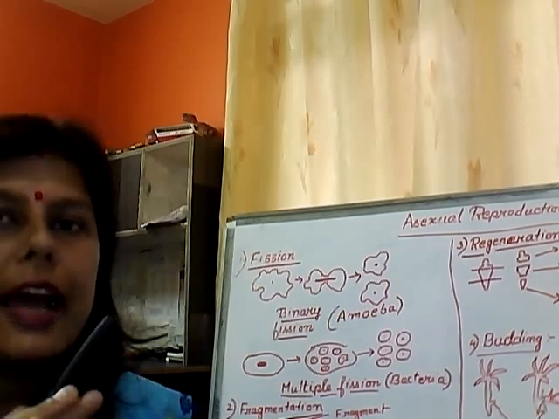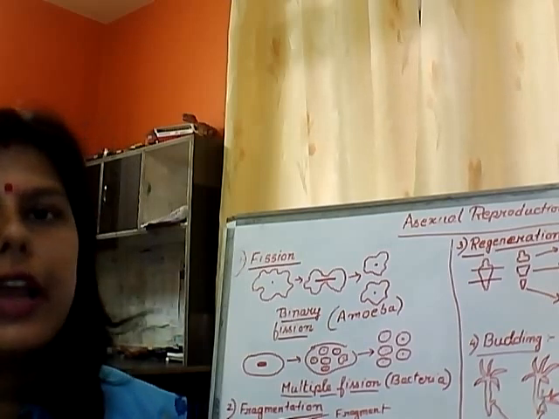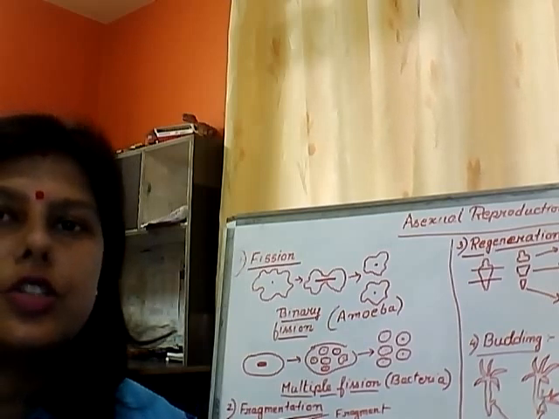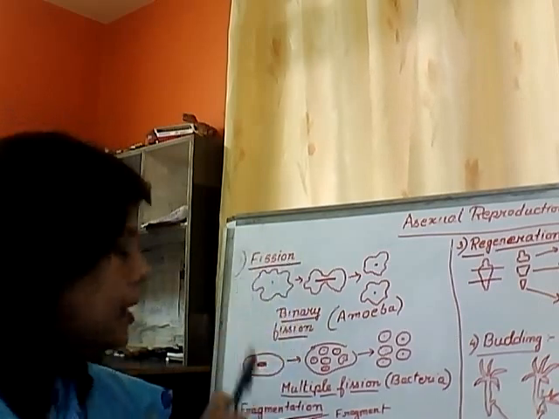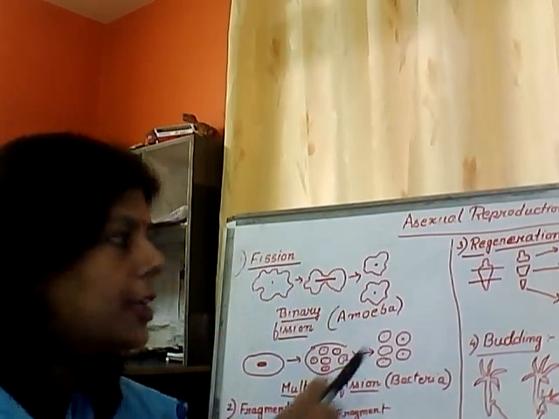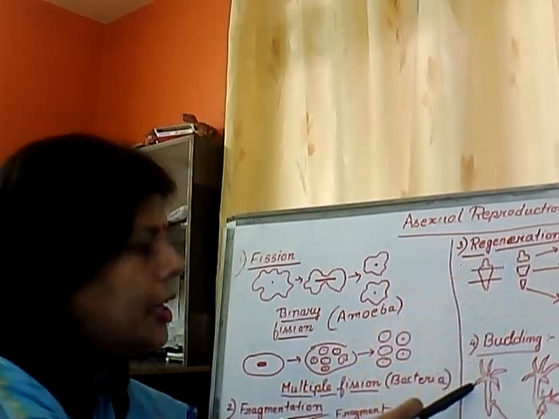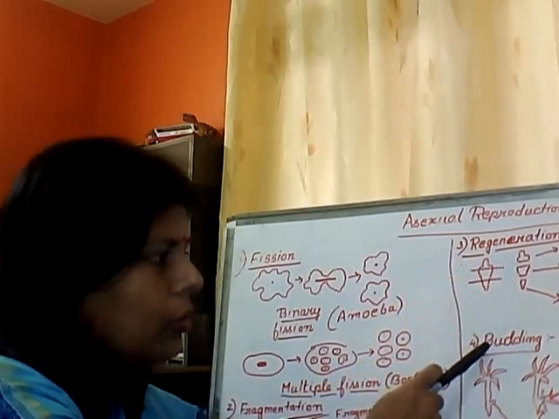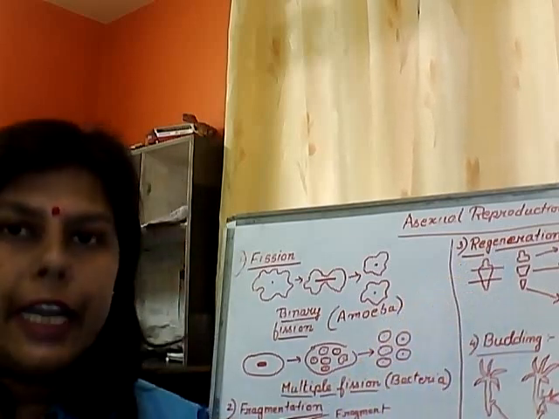Now today we have studied only 4 types of asexual reproduction, where the first one is fission, second is fragmentation, third is regeneration, and for today the last one is budding.